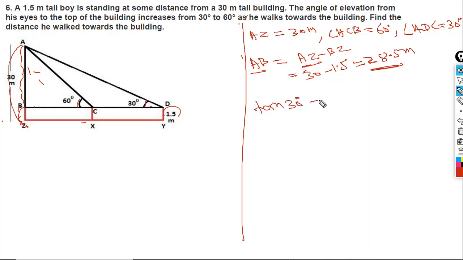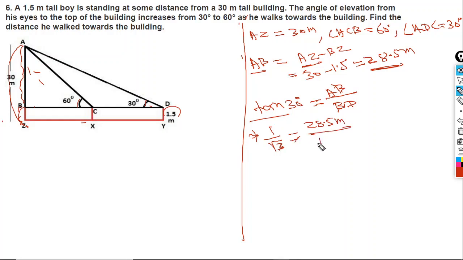Tan 30 degree is equal to AB by BD. This implies the value of tan 30, which is 1 by root 3, equals the length of AB, which is 28.5 meter, divided by BD.